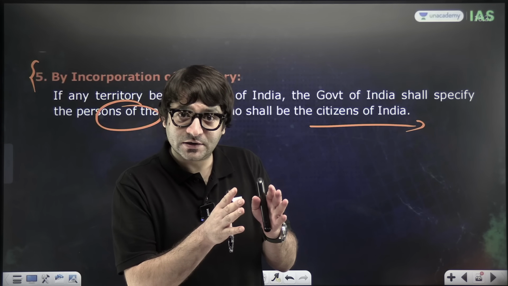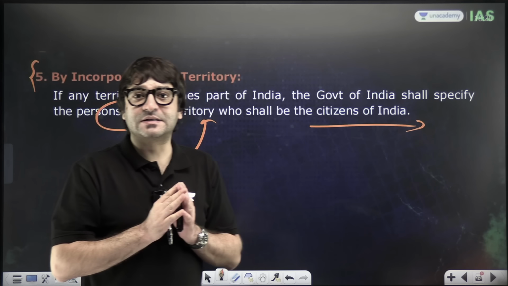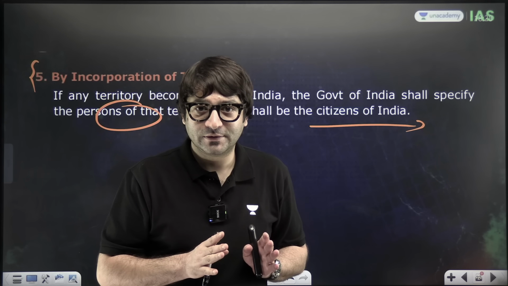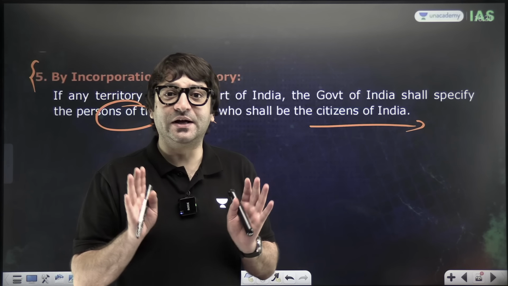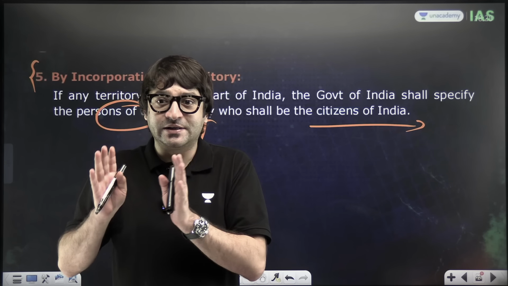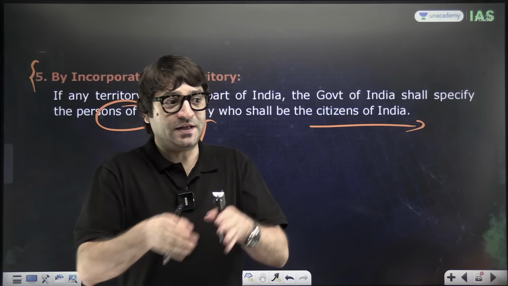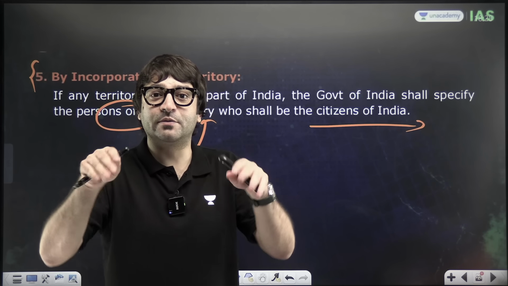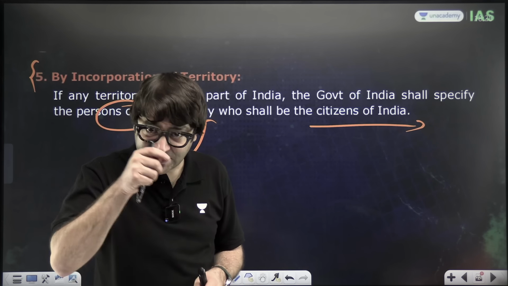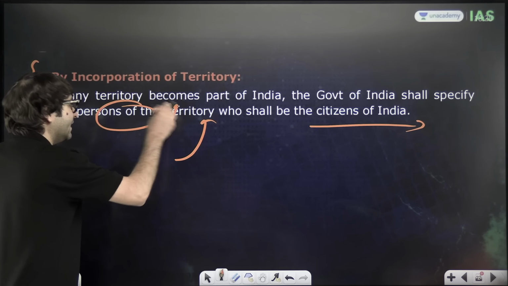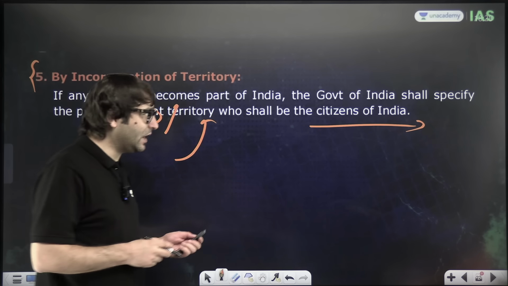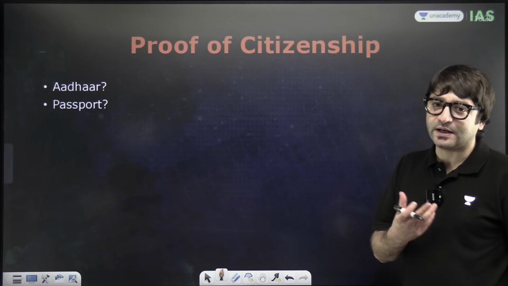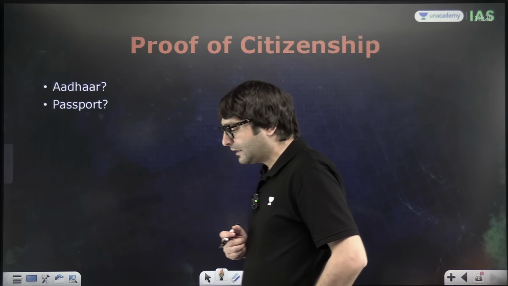When we incorporate Pakistan, we may say only the artists of the Coke studio and other civilians will become the Indians. These army generals, ISI generals, these militants and the terrorists and radical elements will no longer become the Indians. So the central government will specify who are these individuals who can become Indians once a new territory is incorporated.